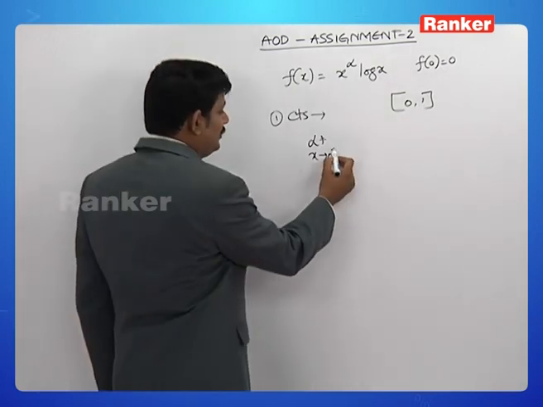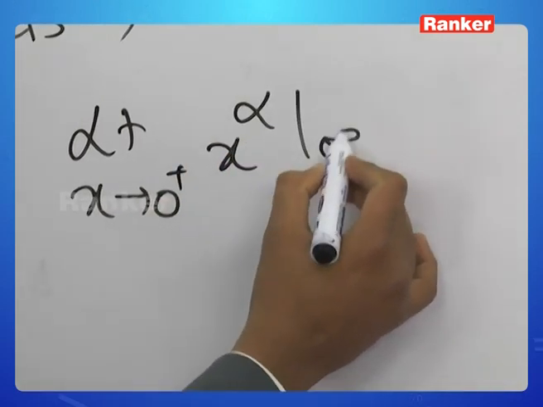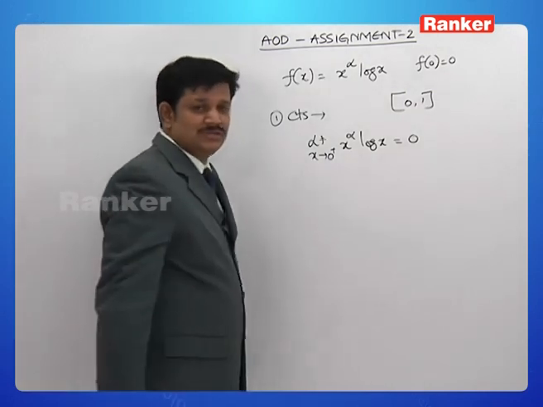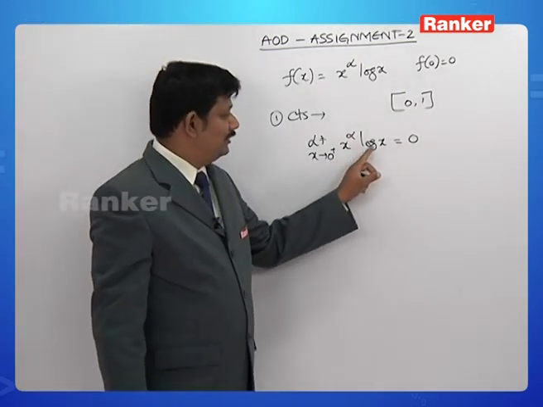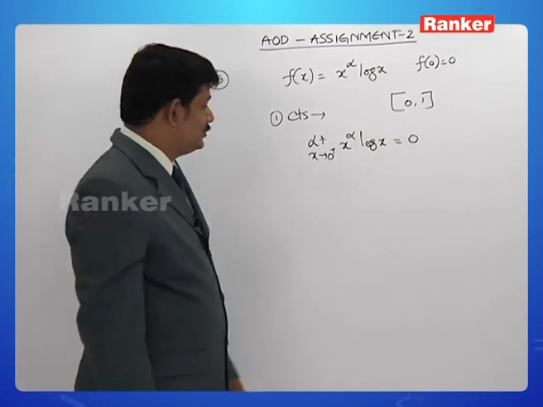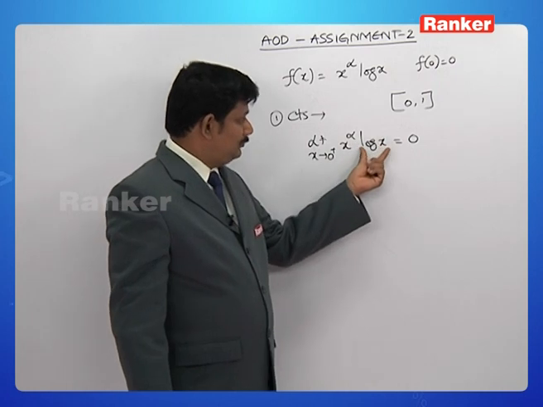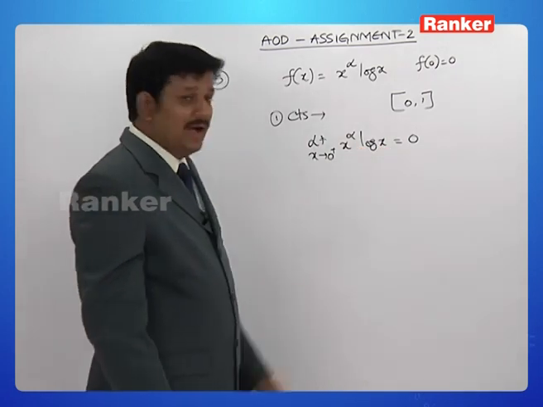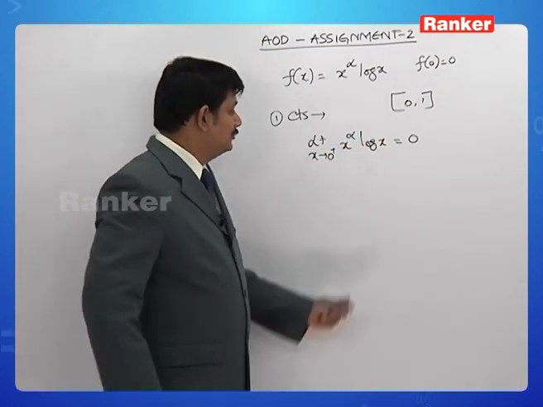So the right hand limit as x tends to 0 plus of x power alpha into log x should be equal to f of 0, which is 0. As x tends to 0 plus, log x tends to minus infinity, so it is an infinitely large number in magnitude.